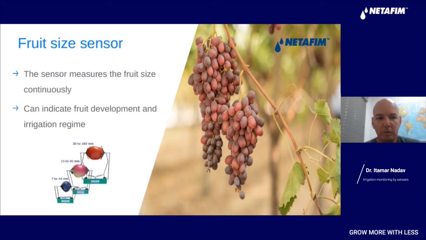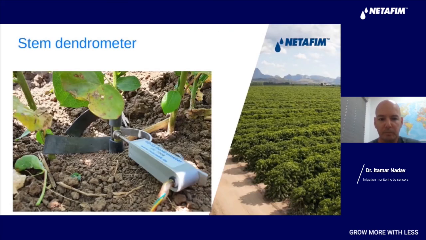And another sensor that we have is fruit size, and it comes in different sizes, and it measures the fruit size continuously. It can indicate if the fruit is developing according to plan, and if we need to irrigate more, because sometimes if we under irrigate, the fruit will not develop as it should, and we need to increase irrigation.